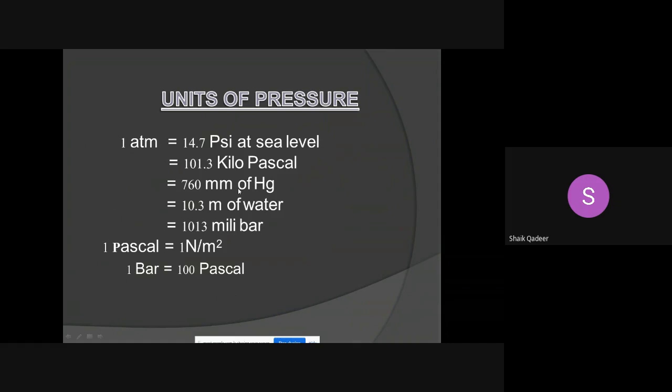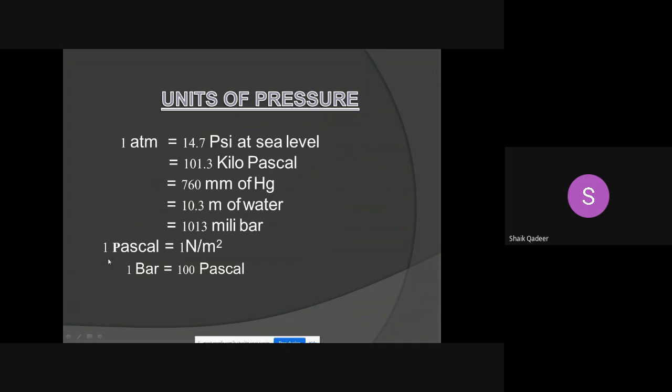In the height of the mercury level, it is 760 millimeter of mercury. In water, it is 10.3 meters of water. In bar, it is 1013 millibar.